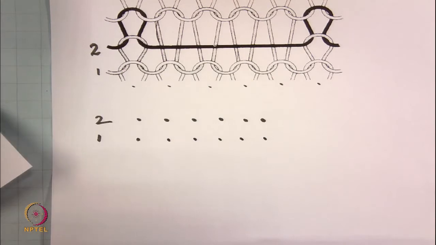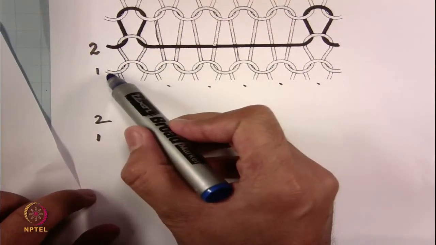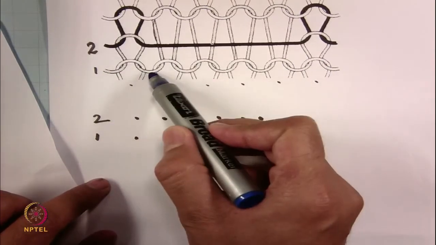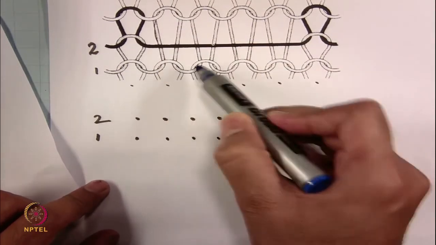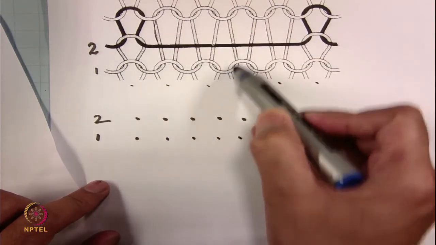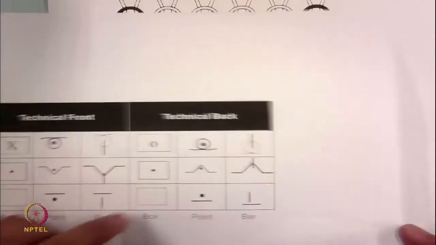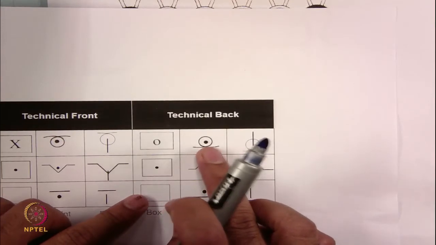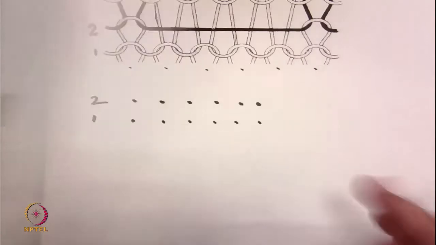Now, let us start giving the notation. If you see the first course, it is technical back side, this bigger held loop is also technical back side, and these are all technical back side. How do we represent technical back side? Something like this. If you see the loop, technical back side we represent like this.